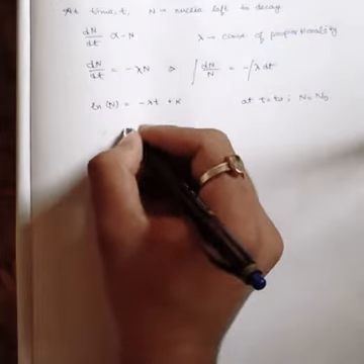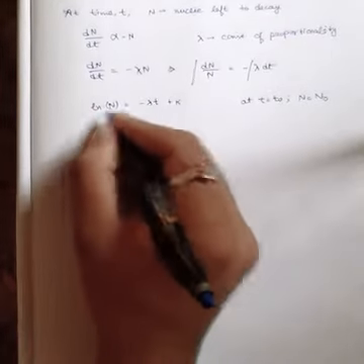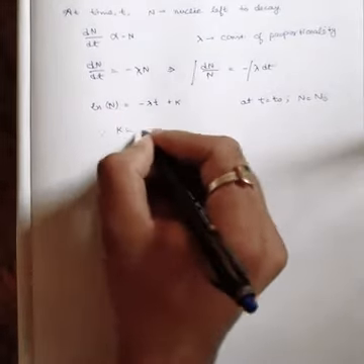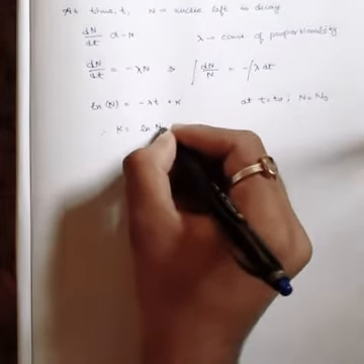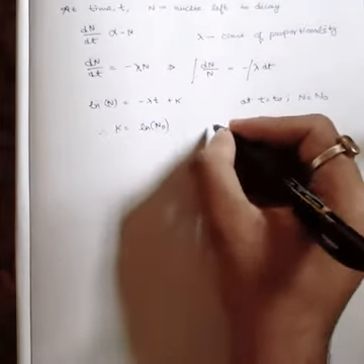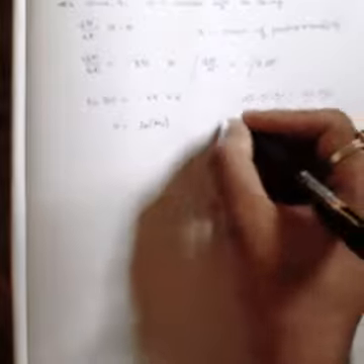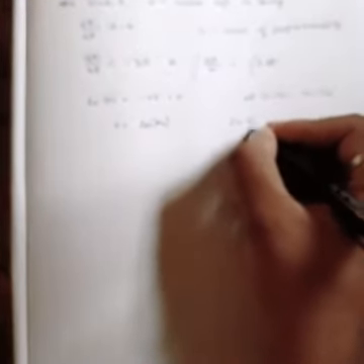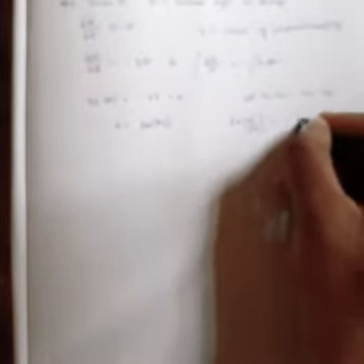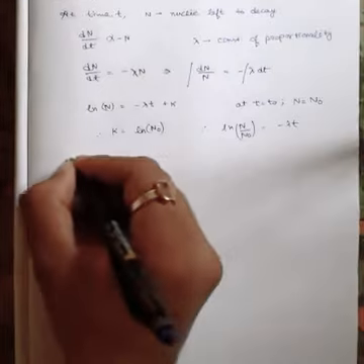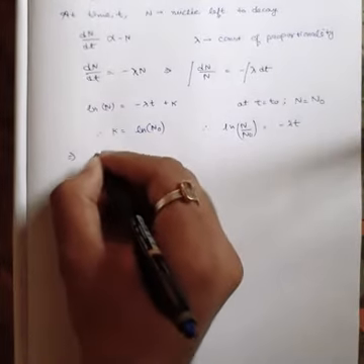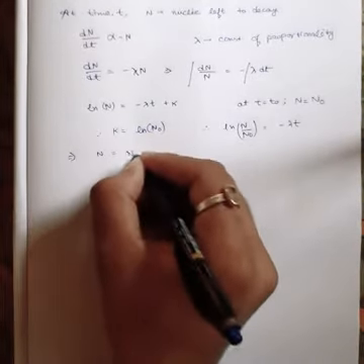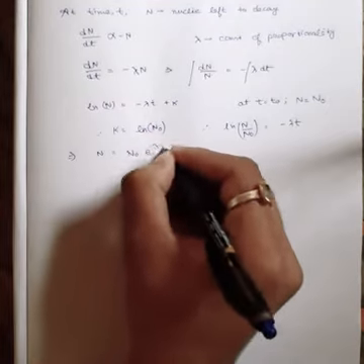Therefore, we put t equals 0, so we get k equals ln N naught. Therefore, ln N by N naught equals minus lambda t, or N equals N naught e to the power minus lambda t.